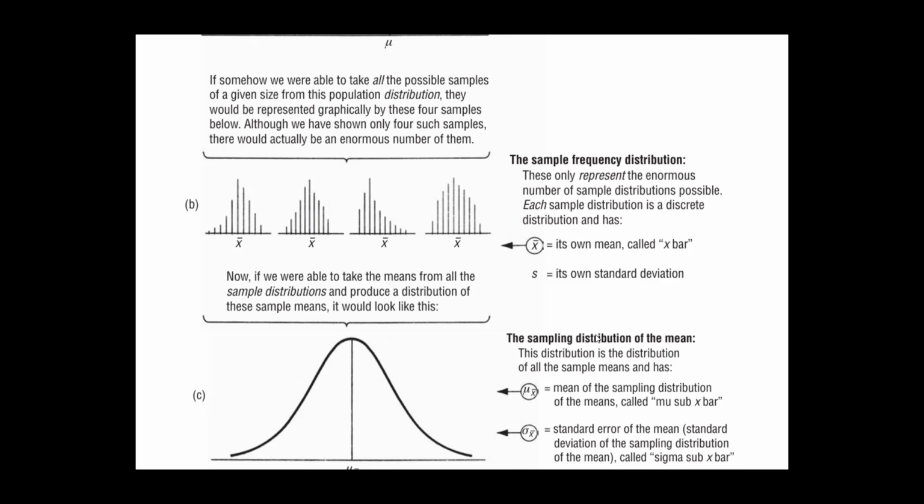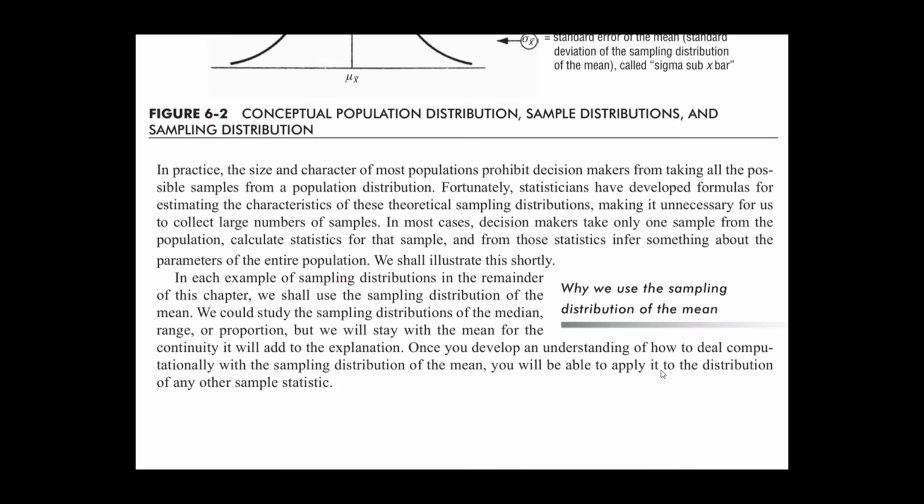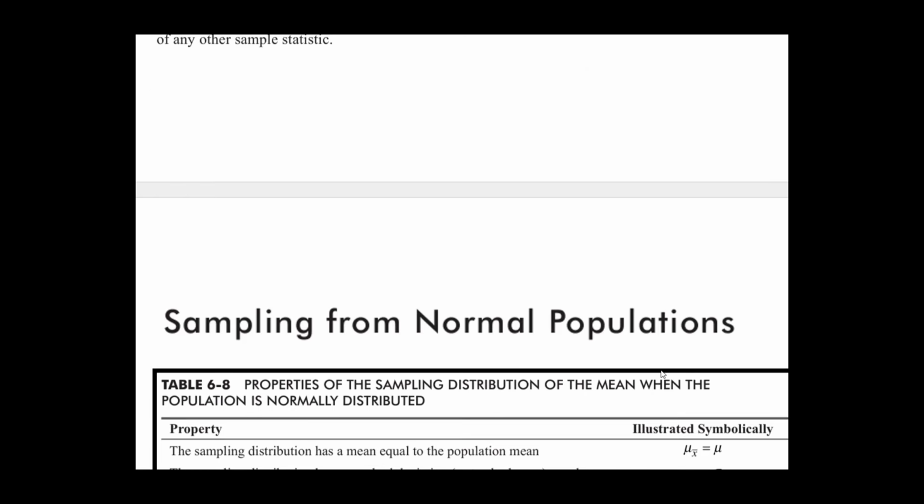So this is called the sampling distribution of the mean. This sampling distribution of the mean will have its own mean, which is given by mu x bar, and the standard deviation of this distribution is sigma x bar, which is the standard error. And the property for this is given here.